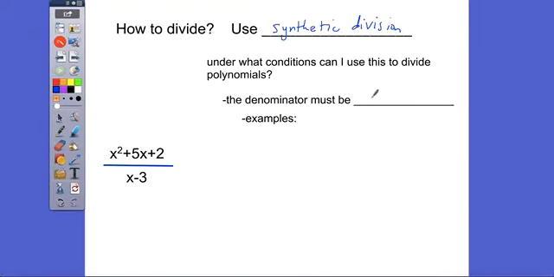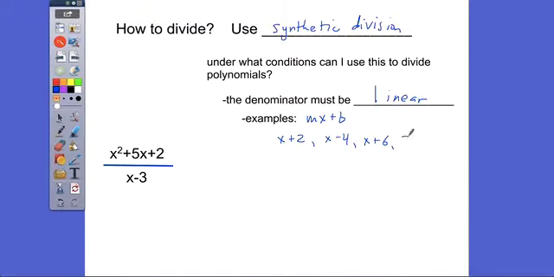So under what conditions can I use synthetic division to divide polynomials? Well, it has to do with the denominator. The denominator must be linear. And by linear, I mean it has to look like mx plus b, where it's something times x plus something. Very often, m is 1. So some examples would be like x plus 2, x minus 4, x plus 6.